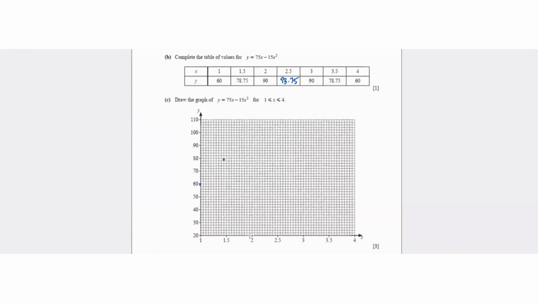And then 2 and 90, and then 2.5 and 93.75. And 3 and 90, that's going to be somewhere over here.